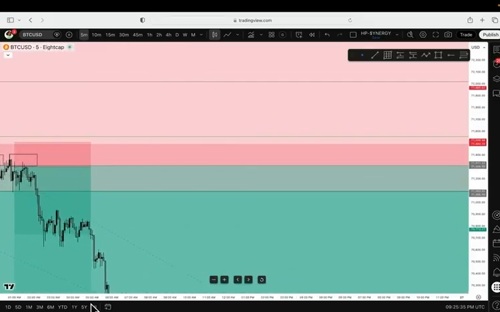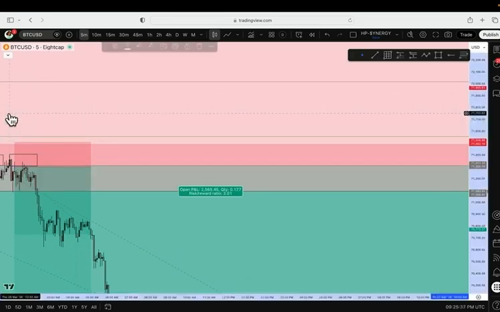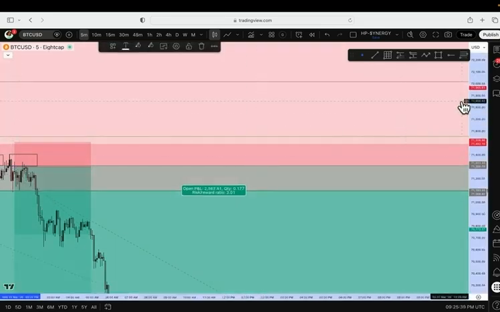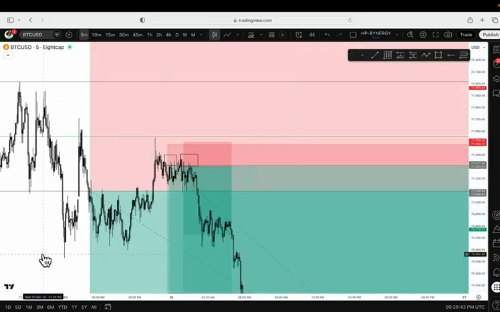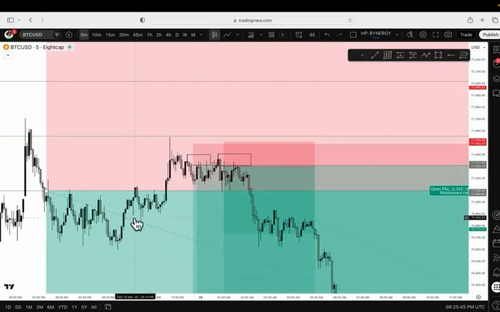Did we have any other confirmation again? Let's check. Yeah, we did. This particular setup just has plenty of single candle order blocks. This one now swept this candle and the next one closed.